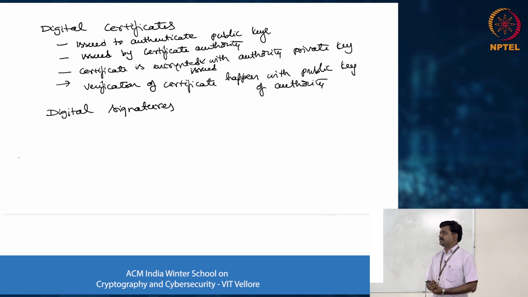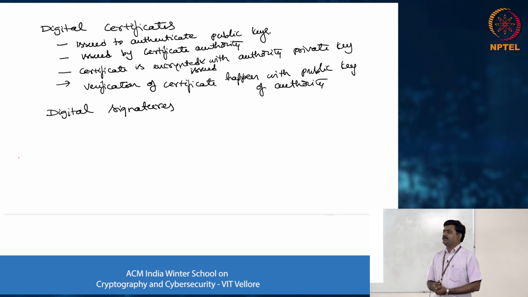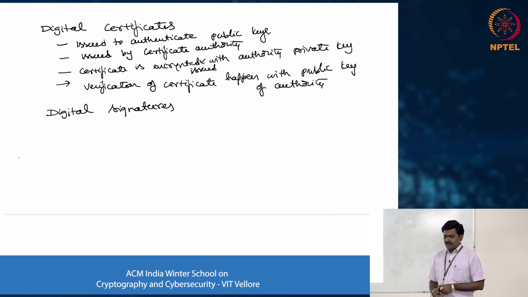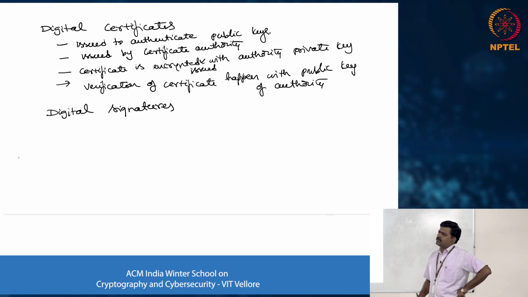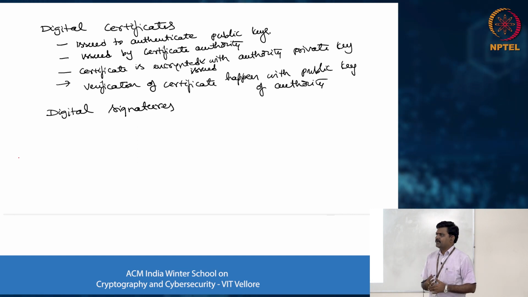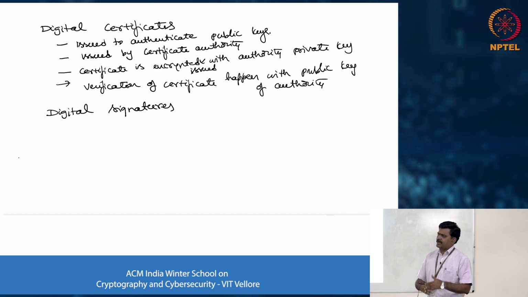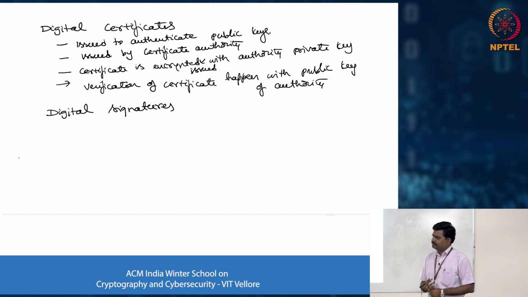Digital signatures, right? Okay, first of all, why do we sign on a document? Imagine there is a circular you receive, and you look for whether somebody has signed on it or not. Not only a circular, but any document for that matter. Why?